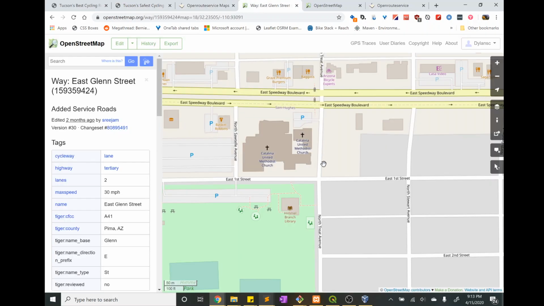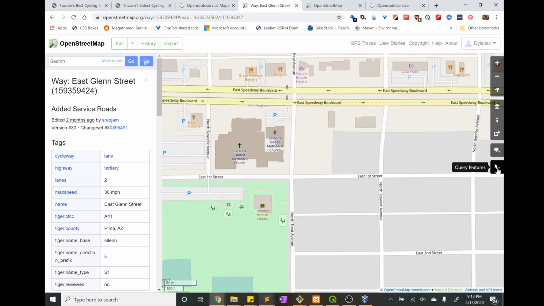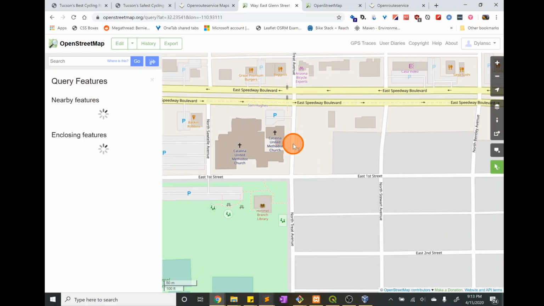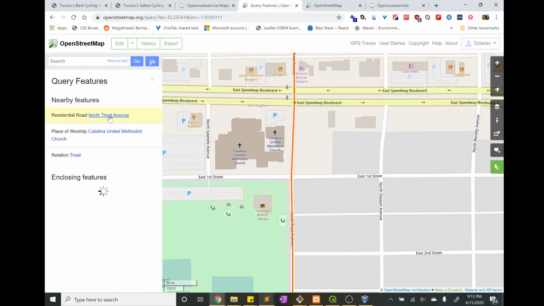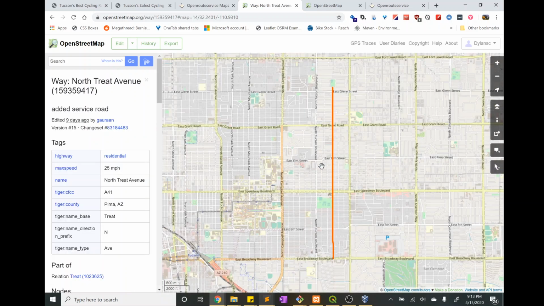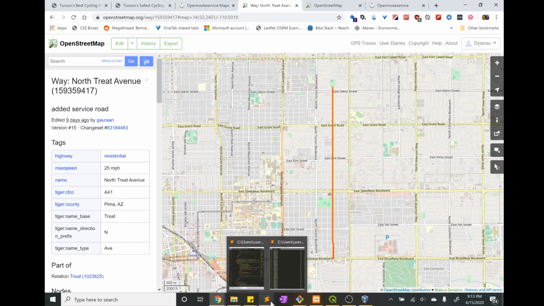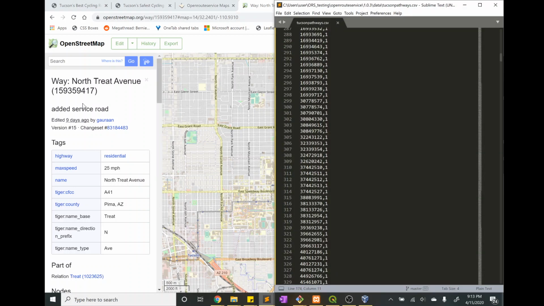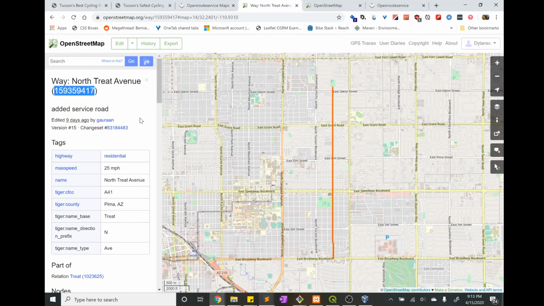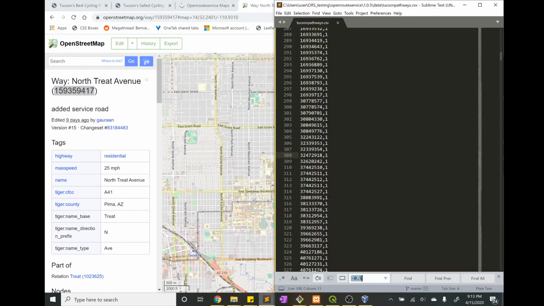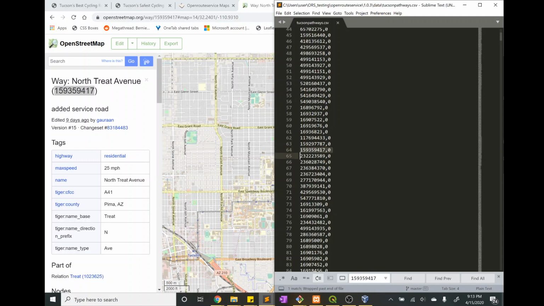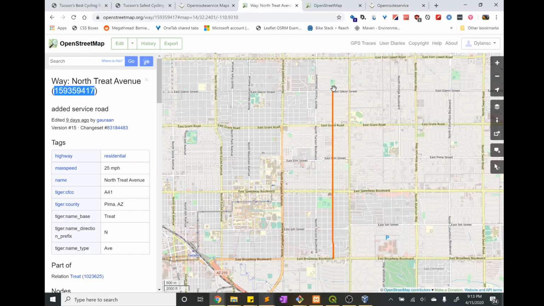If I were to click on that road, that way ID isn't just that segment, but it is this whole length right here. So when I put that way ID into that list, it's thinking I'm telling it to weight this whole segment.